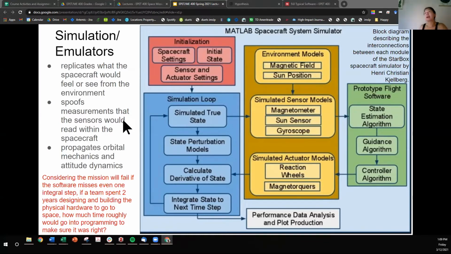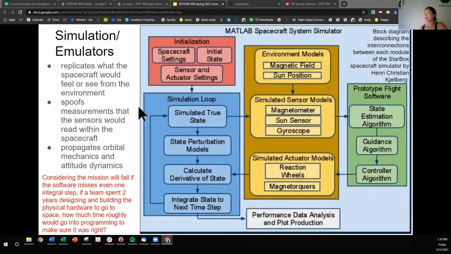So the ground test software, a lot of it can come in the form of simulation and emulators. The point of these simulation and emulators is to replicate what the spacecraft would see or feel from the environment, to spoof measurements or to output measurements that sensors would read within the spacecraft, and to propagate orbital mechanics and attitude dynamics.